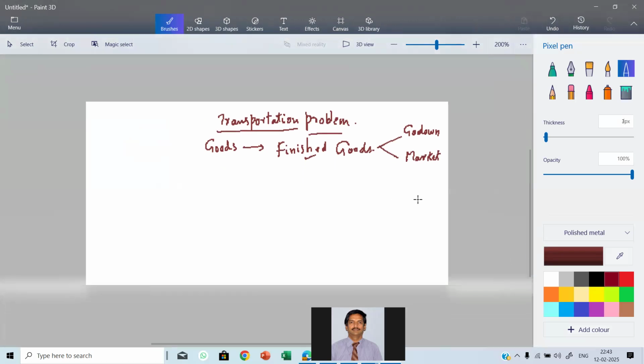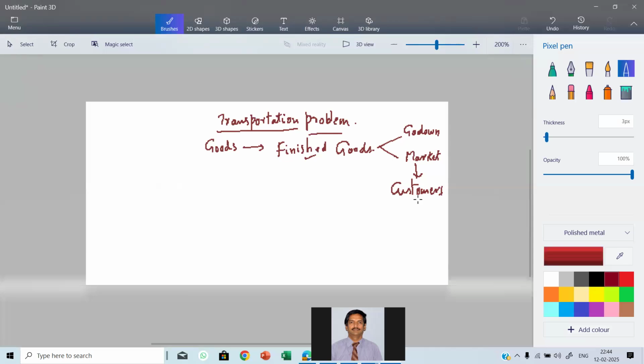Now in these two choices, market means your customers, right? Now remember one thing, the customers will not be located in a single region, just like a group. The customers will be diversified in different locations, okay?